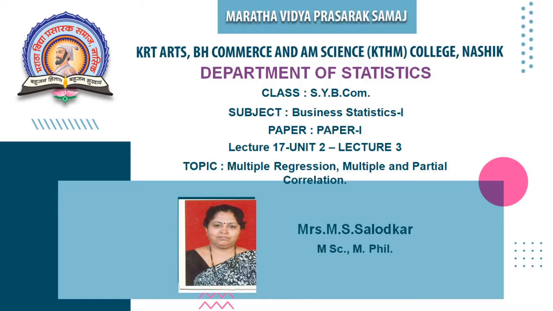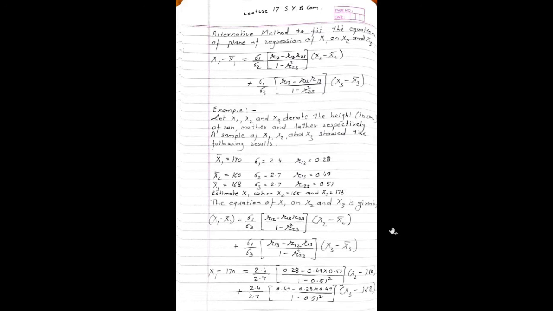The name of the topic is multiple regression, multiple and partial correlation. Today we have to see an alternative method to fit the equation of plane of regression of x1 on x2 and x3.